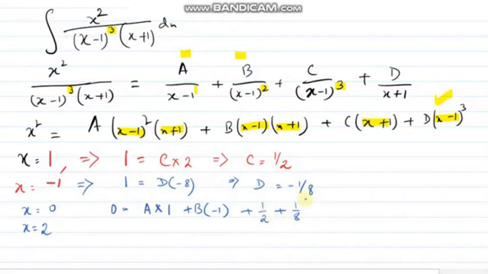Is it fine? So I am getting one equation: a minus b equals to minus half minus 1 by 8. If I take the LCM 8, it will be minus 5 by 8.